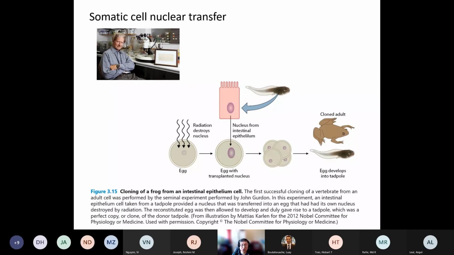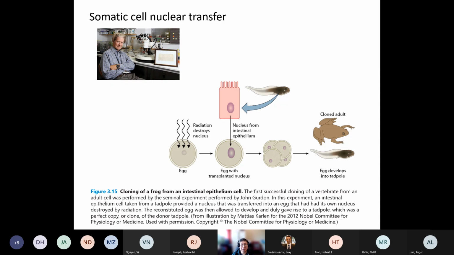And then he took the intestinal epithelium from a tadpole, which is at the early developmental stage of a toad, and he put the nucleus into the enucleated egg.